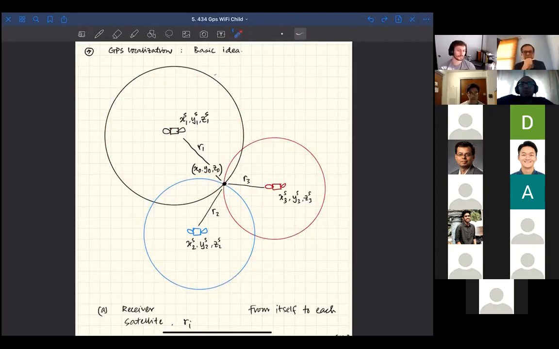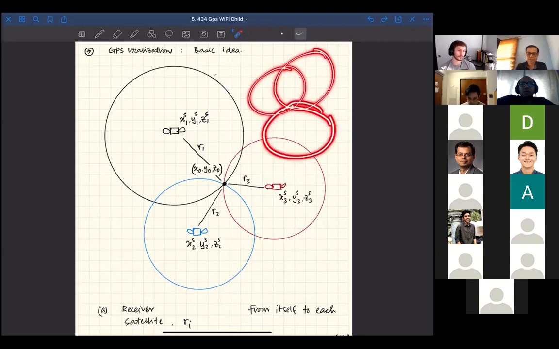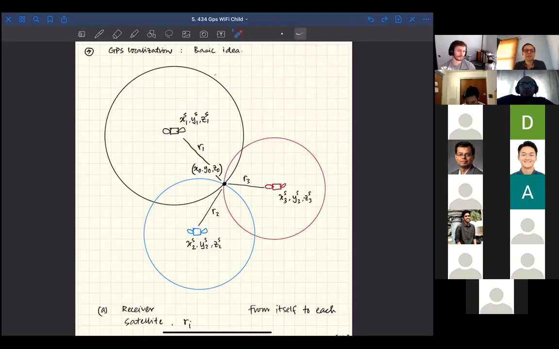Does that make sense? Right? If you have 2 circles, it will meet at 2 points. If you have 3 circles, it should meet only at one point if you know the distance from those circles. So this is the high level idea, right?